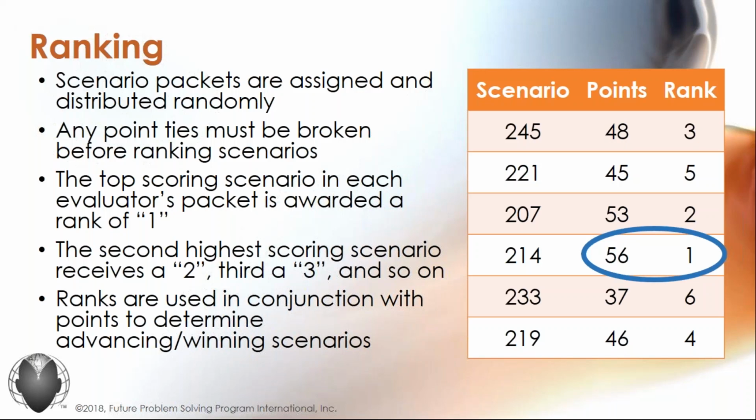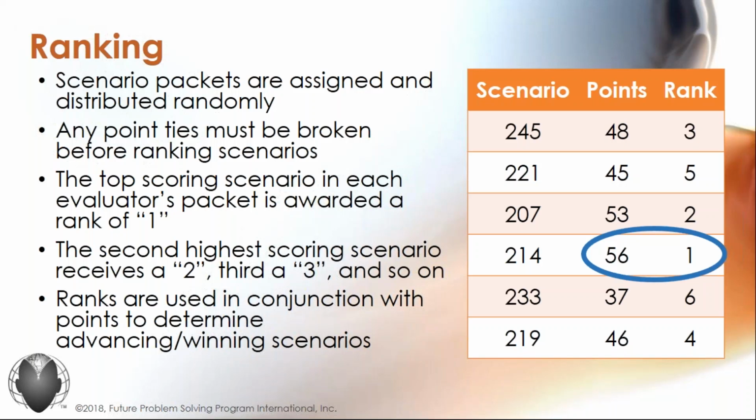So if you take a look at scenario 214, it got 56 points from the evaluator, remembering that 65 points is the highest possible points. It could be that this scenario was not in that really, really high range. It just happened to be the highest in the sample, and that's okay.